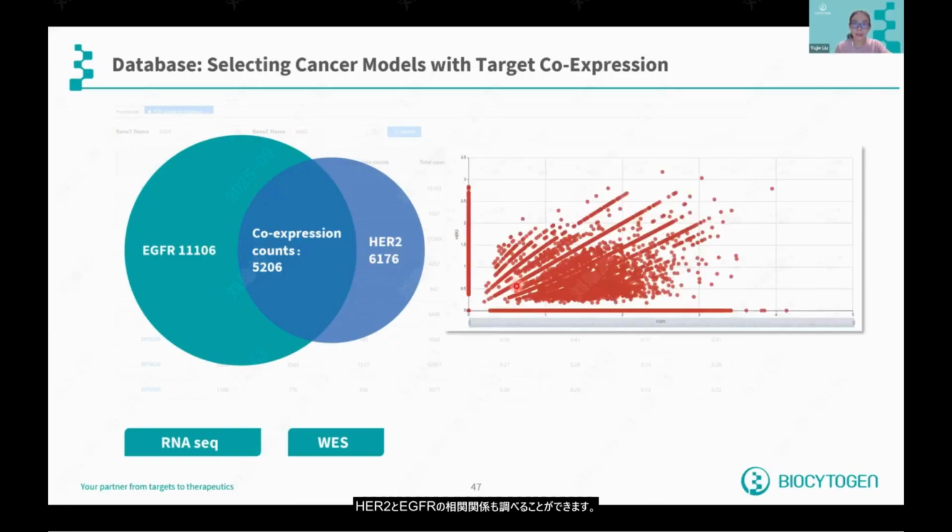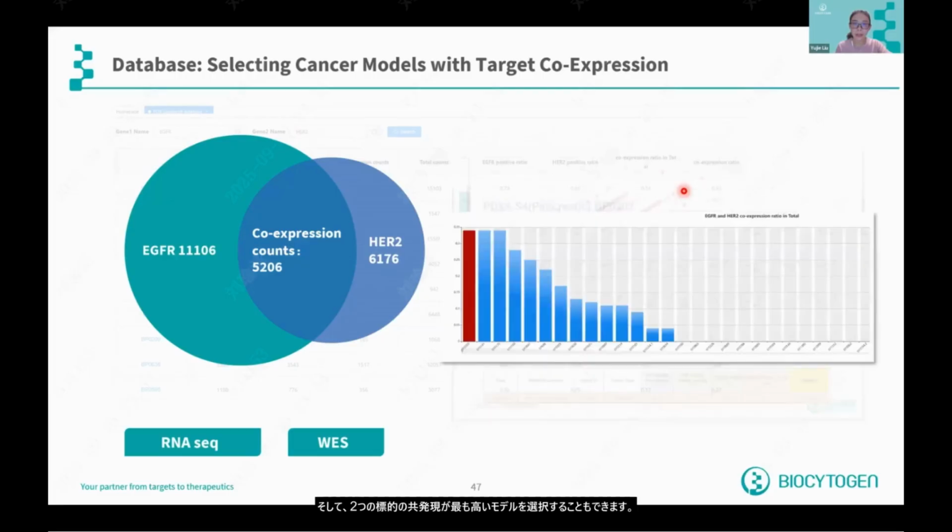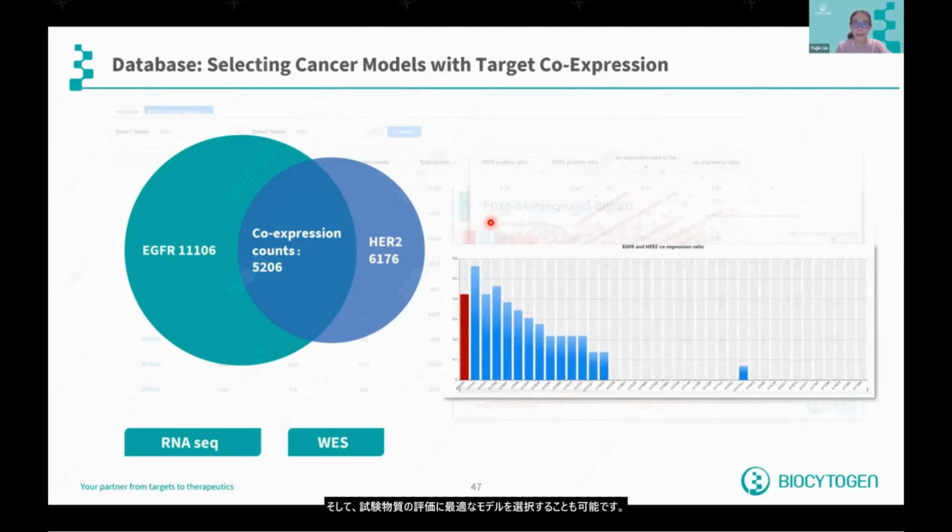We can also do the correlation between HER2 and EGFR, and they have a very good correlation in the tumor. We can also choose the model that has the highest co-expression of the two targets, and select which model is best for the test article evaluation.